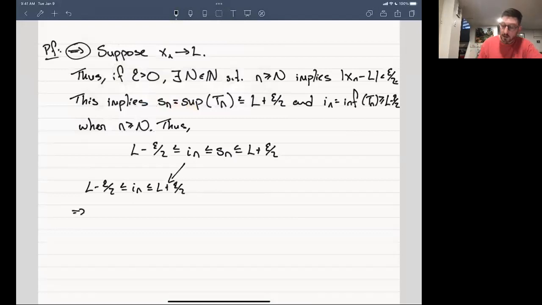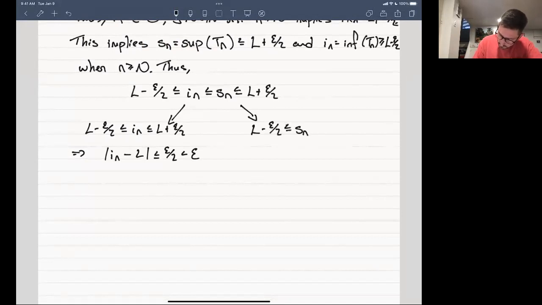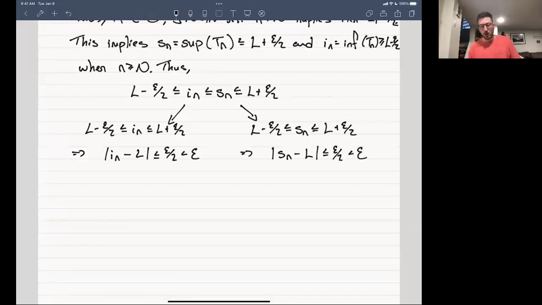If you just redo what I had in green here, this is the same as In minus L is less than or equal to epsilon over 2, which is of course less than epsilon. And if you do the same thing, you get L minus epsilon over 2 is less than or equal to Sn, which is less than or equal to L plus epsilon over 2, which the same line of argument gives you this. So I have got In and Sn within epsilon, and this works for all epsilon greater than 0.